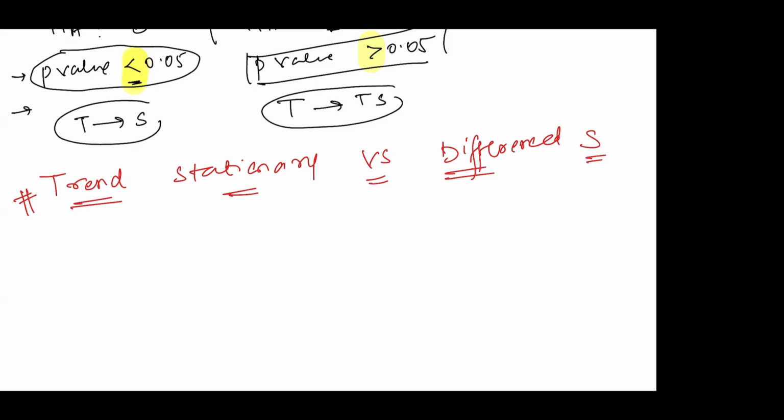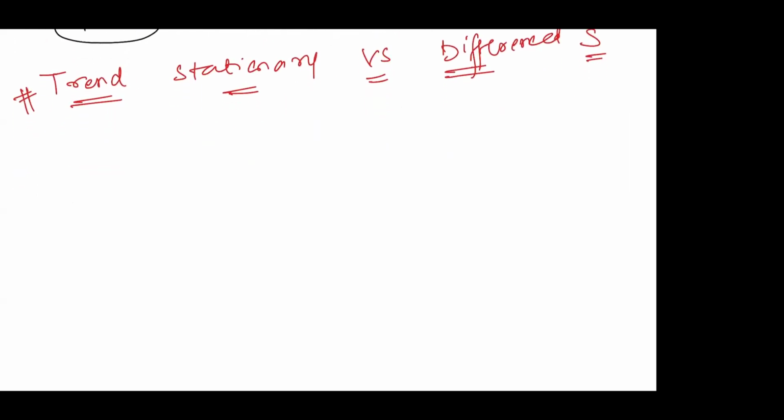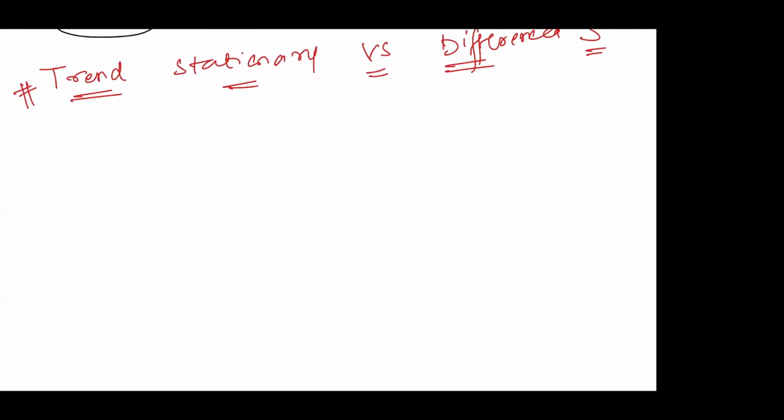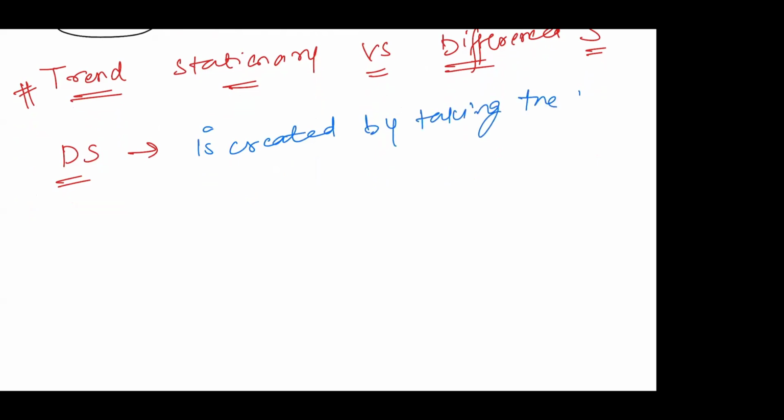What do we mean by trend stationary or difference stationary? First, difference stationary. Difference stationary is created by taking the difference between consecutive observations in a time series.